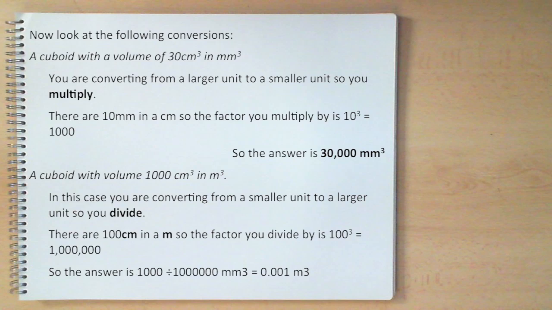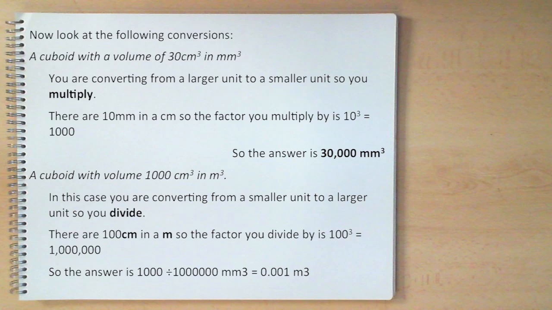So to do these conversions between dimensions, you have to use two basic steps. First of all, you have to work out what the conversion factor is, and that's about knowing how many centimeters in a meter, how many millimeters in a centimeter, how many meters in a kilometer, and so on, how many grams in a kilogram. All of those different numbers you need to know.